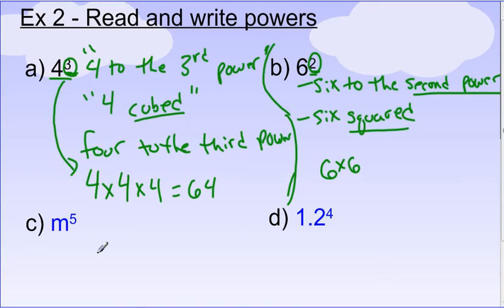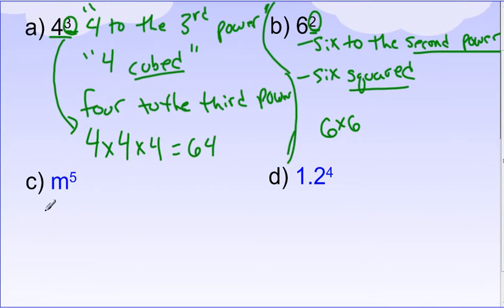Okay, so you should be done. Let's check them out. So the way we would write letter C is we'd say M to the 5th power. There should be an extra F in there. 5th.